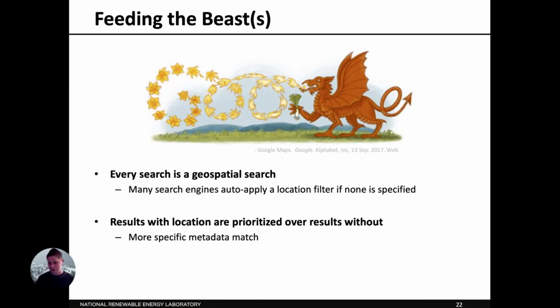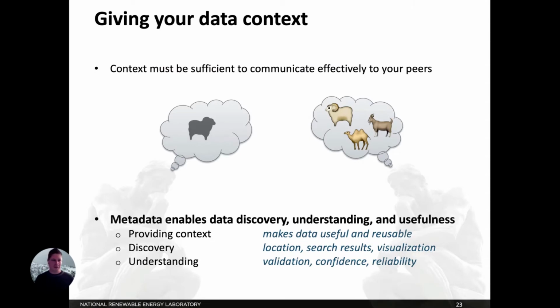So it's all about giving your data context. We talked about feeding the search engines. That's context to increase the discoverability of the data and make sure it's easier for people to find it. We talked about creating context for understanding, adding just enough information to that raw data so that it's usable, reusable, understandable, and so that the end user has confidence in their ability to use it properly.